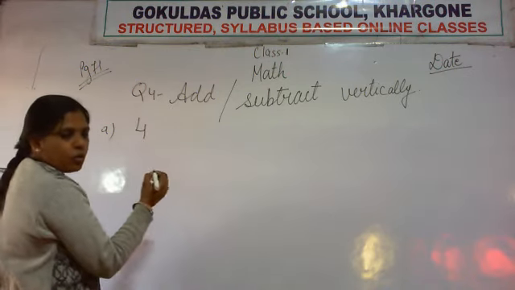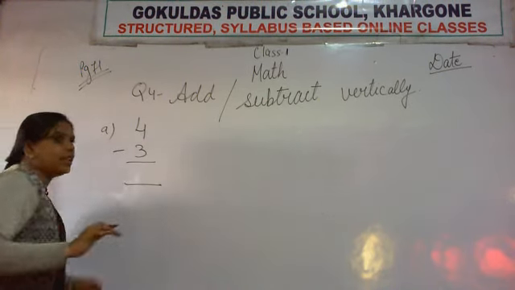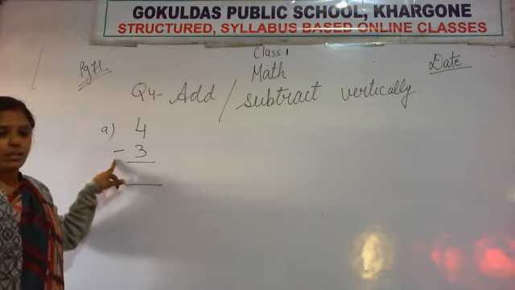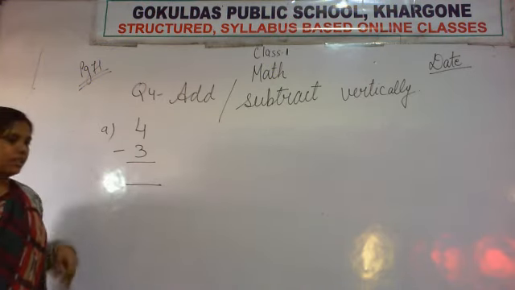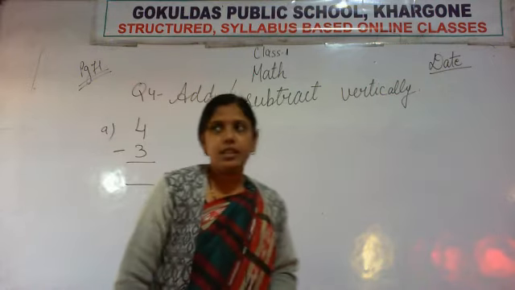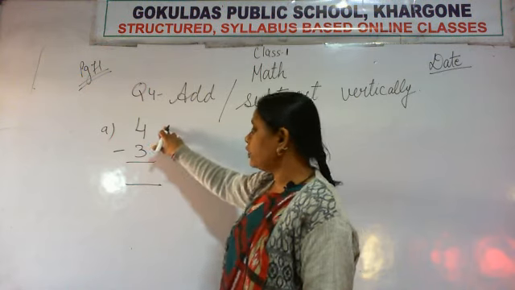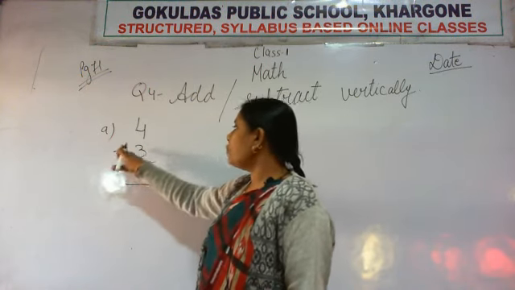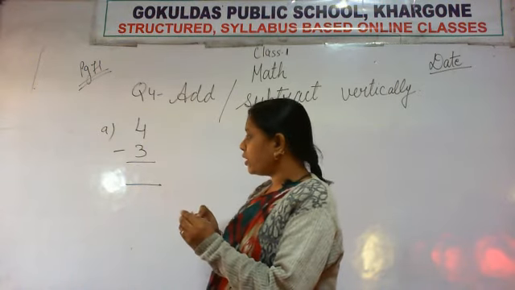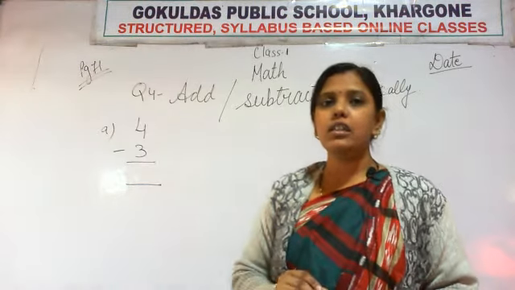4 minus 3. What is the sign given here? Here is the sign of minus, the subtraction symbol, and we read the subtraction symbol as minus. So, how do we read this question? Read with me. 4 minus 3. That means you have to subtract 3 from 4. So, all the students take out 4 fingers.